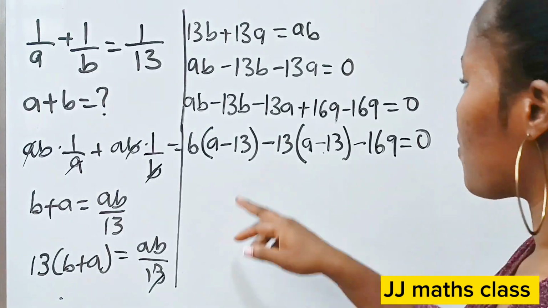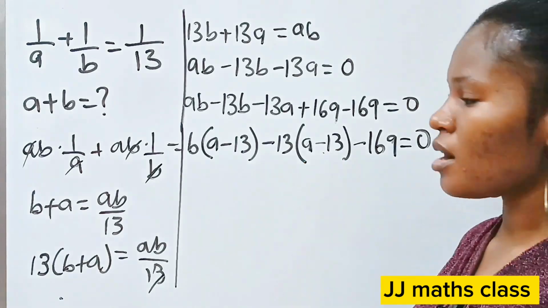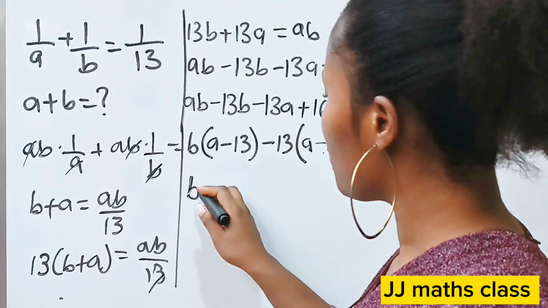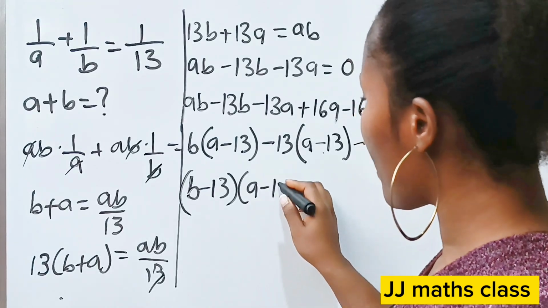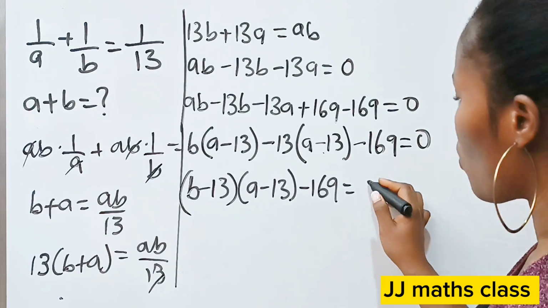Now look at what we have: a minus 13, a minus 13, so we can factorize this and this. That means this and this is the same thing as b minus 13, right? b minus 13 multiplied by a minus 13, then minus 169 is equal to 0.